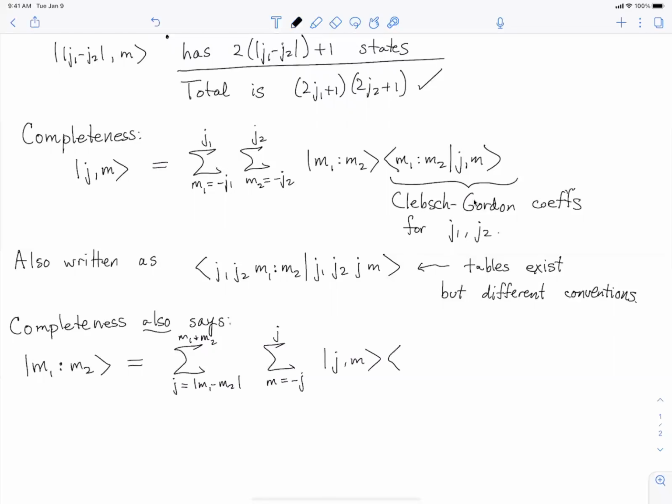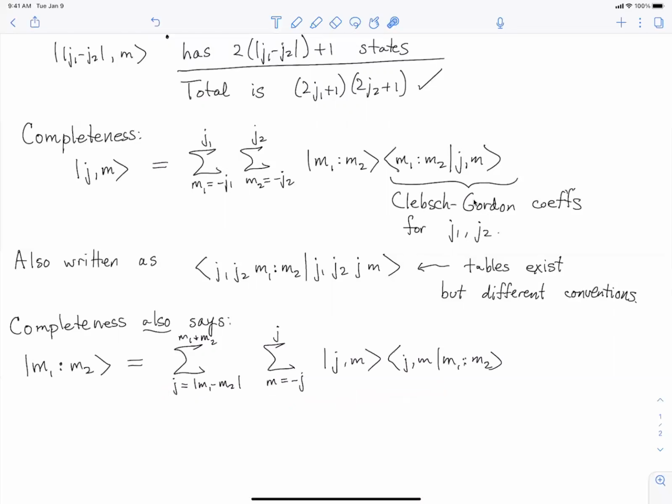And the things that will go here are |J M⟩.